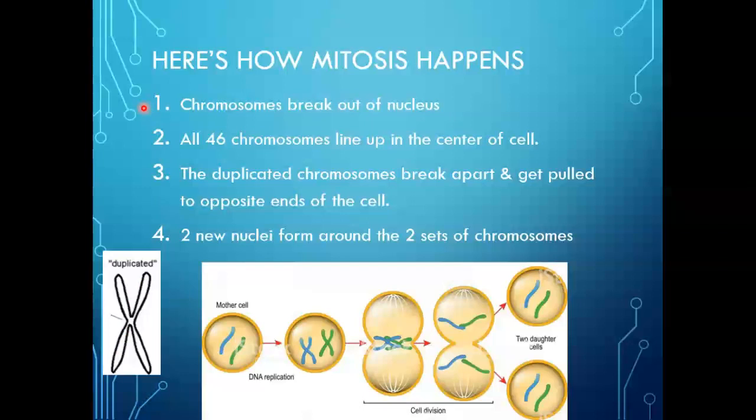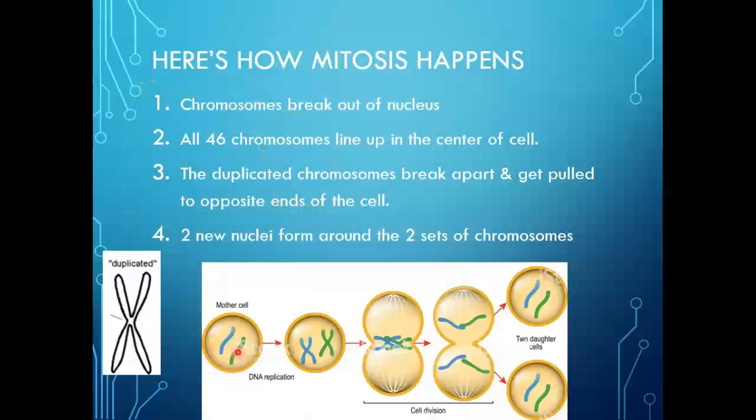In the first basic part, chromosomes break out of the nucleus. All 46 chromosomes line up in the center of the cell. The duplicated chromosomes break apart and get pulled to opposite ends of the cell, and then two nuclei form around the two sets of chromosomes. Now, we're going to name all these parts coming up, but for now, this is it in a nutshell.